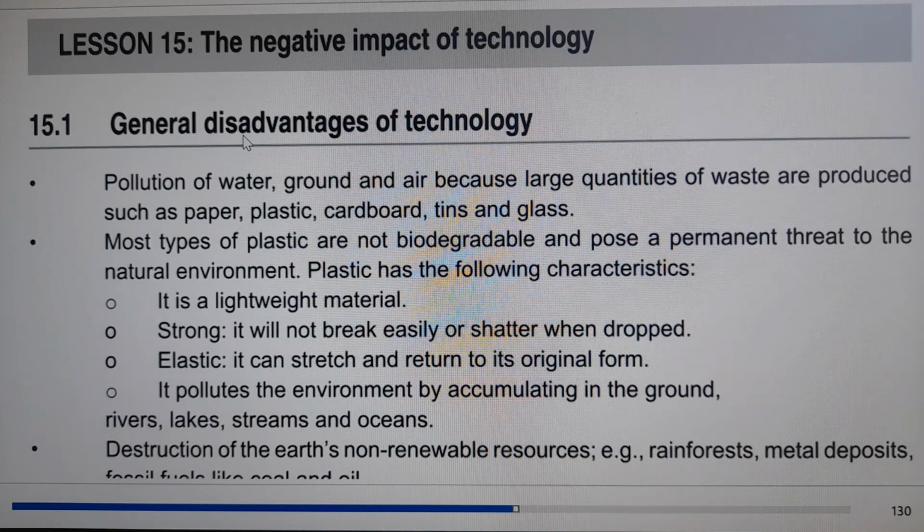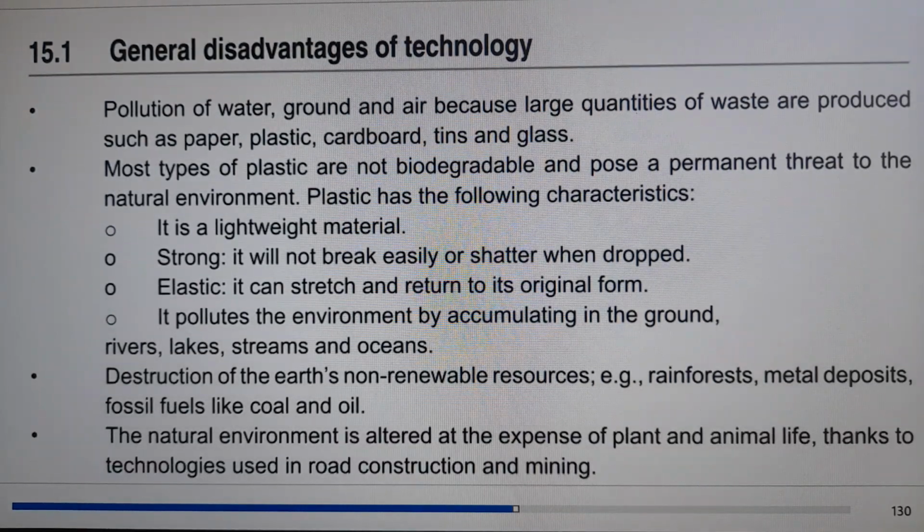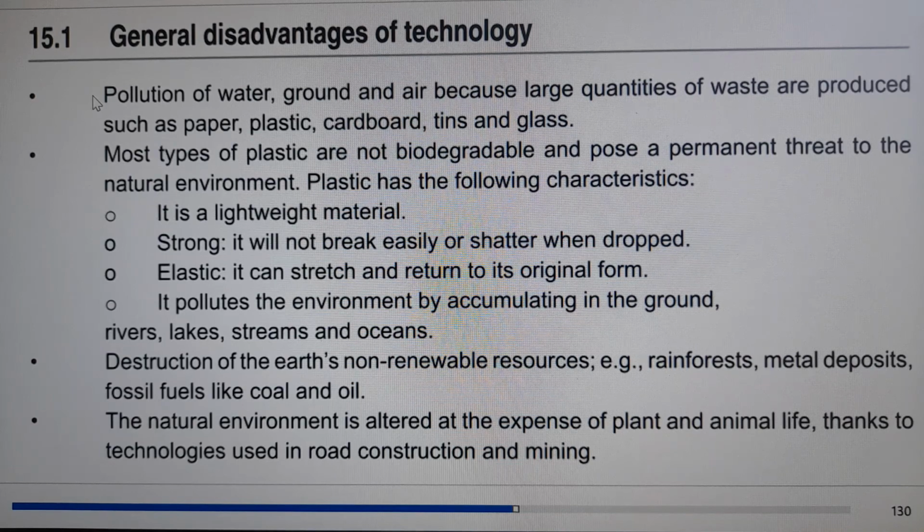Now let's look at the general disadvantages of technology, and you need to know this as well. Number one, the first disadvantage is pollution of water, ground and air, because large quantities of waste are produced, such as paper, plastic, cardboard, tins, and glass.